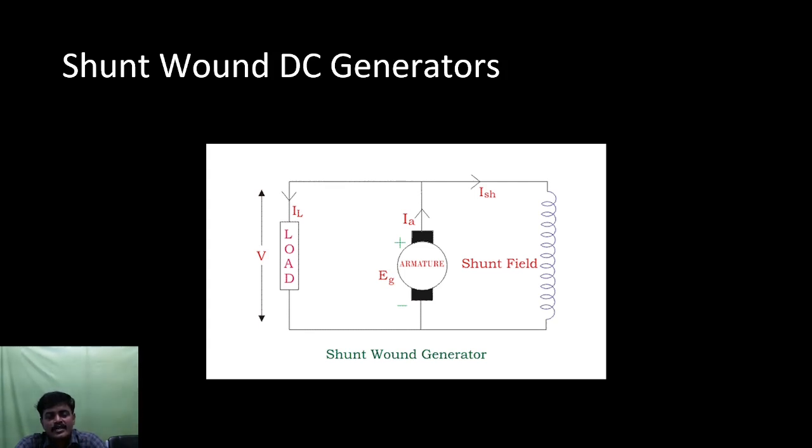The armature current IA divides into the load current IL and the field current ISH. So IA is equal to IL plus ISH, which means IL is equal to IA minus ISH.